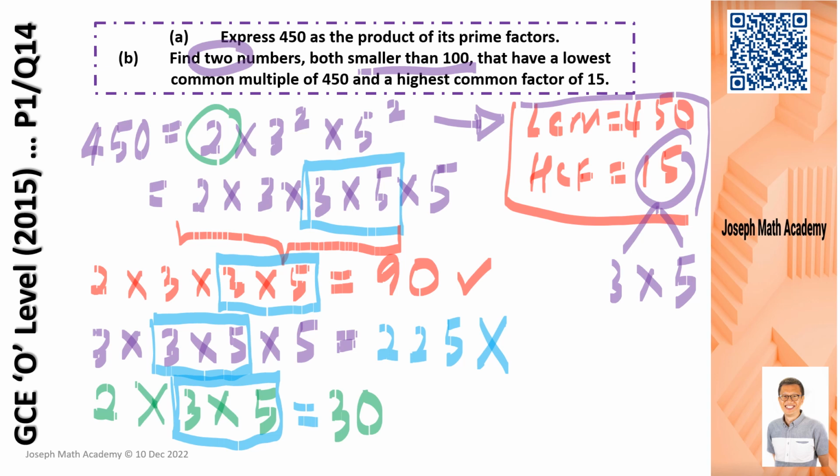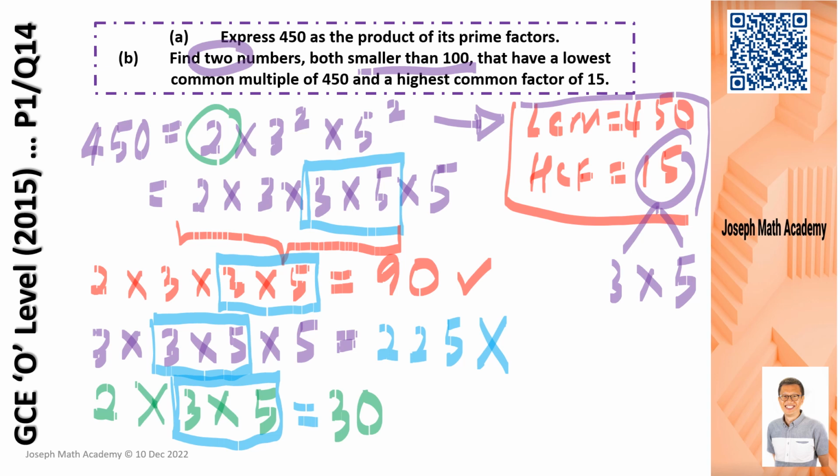Now, why can this 30 not be the answer? Is it possible to be an answer because it's smaller than 100? It is indeed smaller than 100, and 30 can give us a multiple of 450.